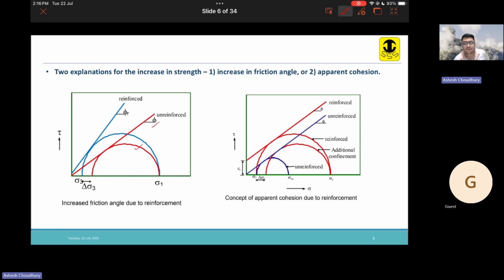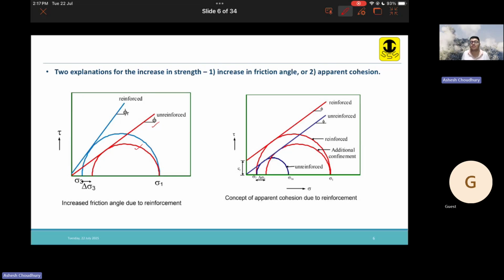Now, if we reinforce the soil, what will happen? For even lower sigma 3, say 25 kPa confining, the reinforced soil is failing at the same sigma 1 of 100.